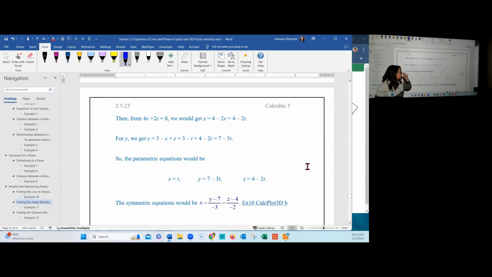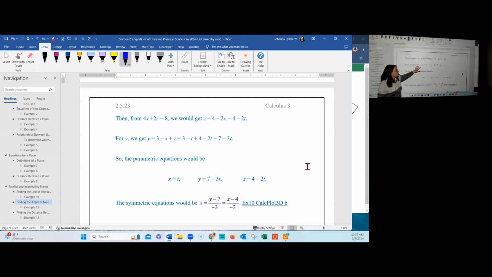So again, going back, let's say that we want to make x our parameter instead of z. So we eliminate y just to get z in terms of x, since x is going to be the parameter. Coming back to this equation, we would get z equals 4 minus 2x, and x is our parameter, so 4 minus 2t.